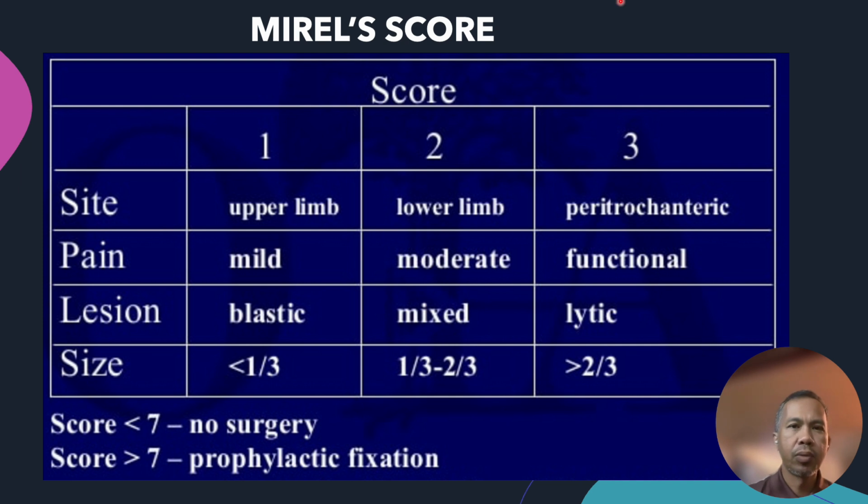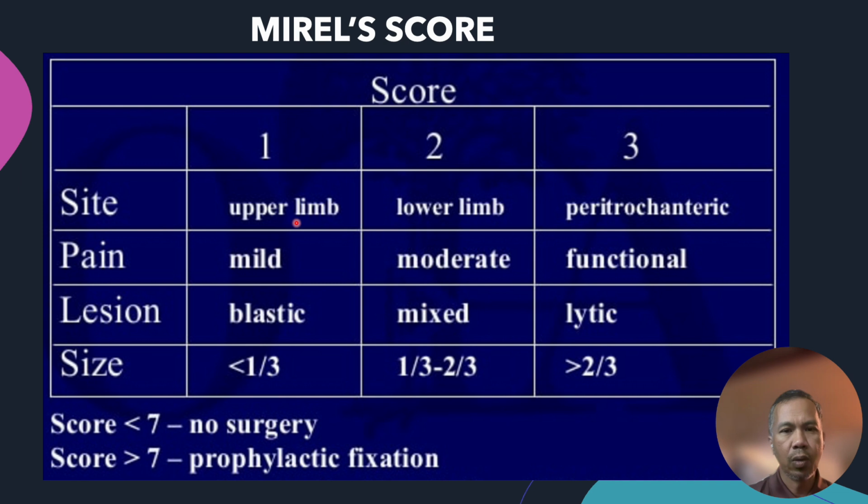If you have metastatic bone disease, we usually use the Mirels scoring. Use of Mirels scoring in metastatic bone disease is a time-tested scoring where the clinician scores the patient for a possible prophylactic fixation. You have four criteria: your site, your pain, lesion, size. Your scoring will be 1, 2, 3.